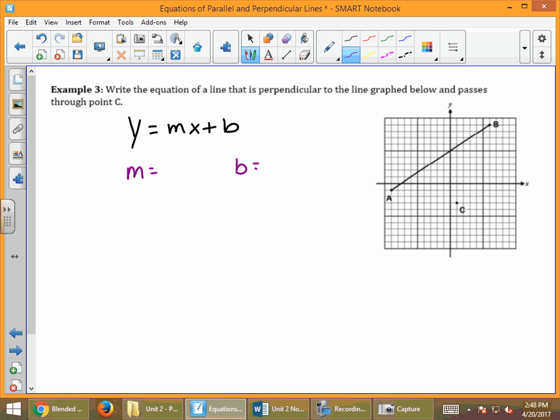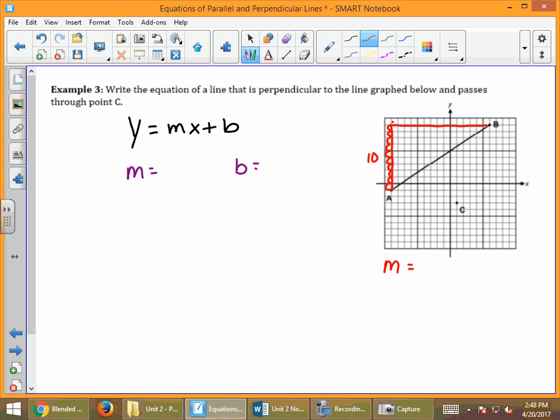Well, in order to find the m of our new line, we have to know the m of our given line. And in this situation, we were given a graph. So in order to find the slope of our graph, we just have to count. You're going to do rise over run. We count up and over. So when we count up, our rise is 1, 2, 3, 4, 5, 6, 7, 8, 9, 10.